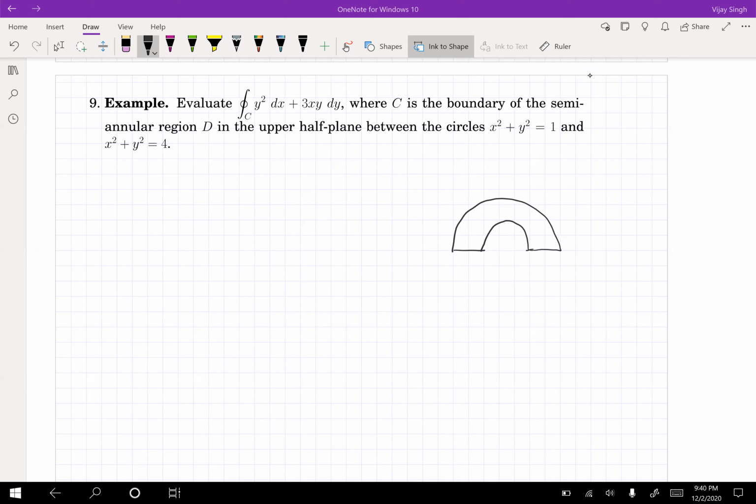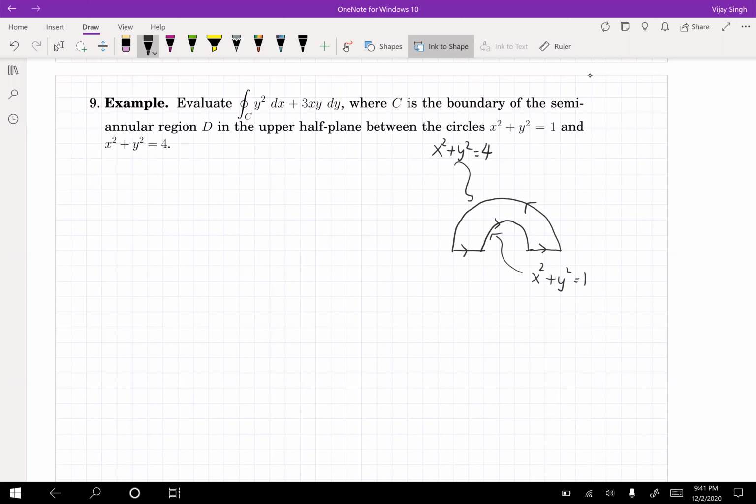So the inside circle is x squared plus y squared equals 1, and the outside circle is x squared plus y squared equals 4. And we are giving a positive orientation, that is counterclockwise orientation to it. And we want to compute this integral.